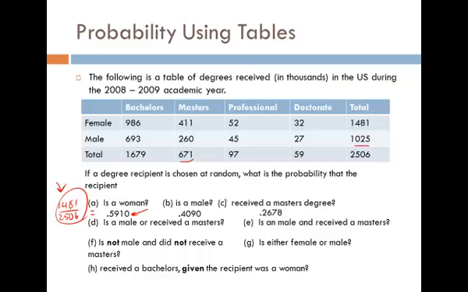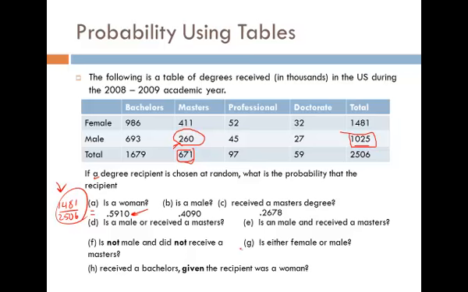So do I just add the 1025 and the 671 and then divide by 2506? Well, remember that since it's a single selection, we have to ask if they're disjoint. They're not disjoint, because that's how many are in the intersection. There's 260 men who received master's. So if you count these 671 and these 1025, you're counting the 260 twice.